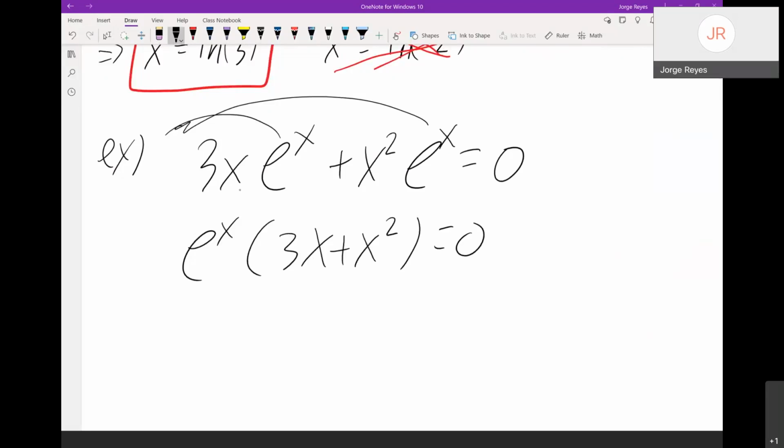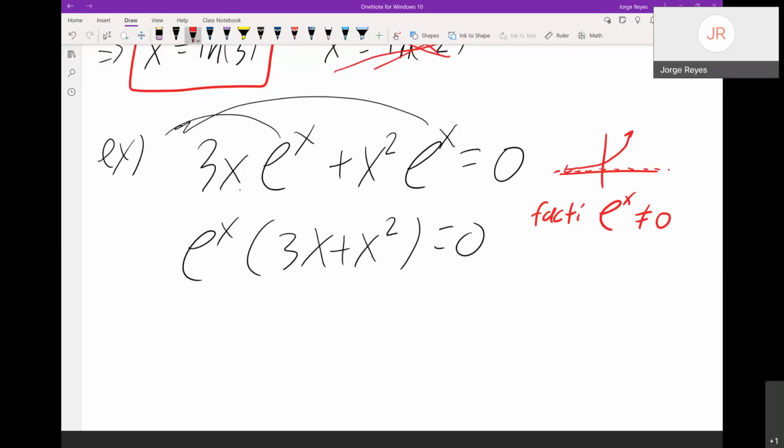Okay, and then I'm gonna tell you this fact, that e to the x is never 0. You technically should already know that fact because you've seen the graph. It has a horizontal asymptote here. But e to the x is never 0.